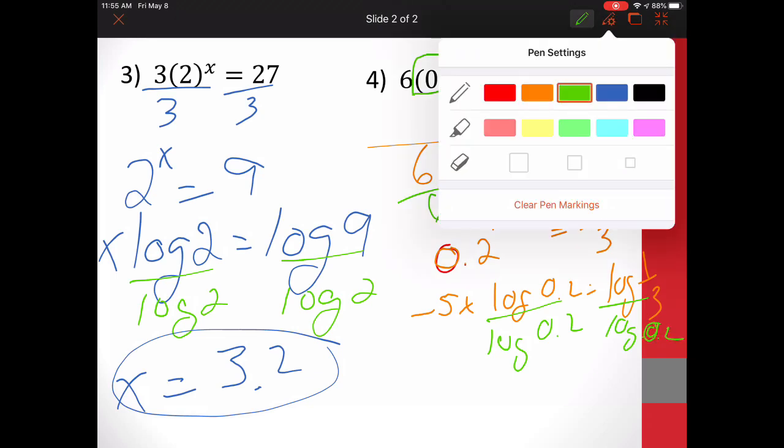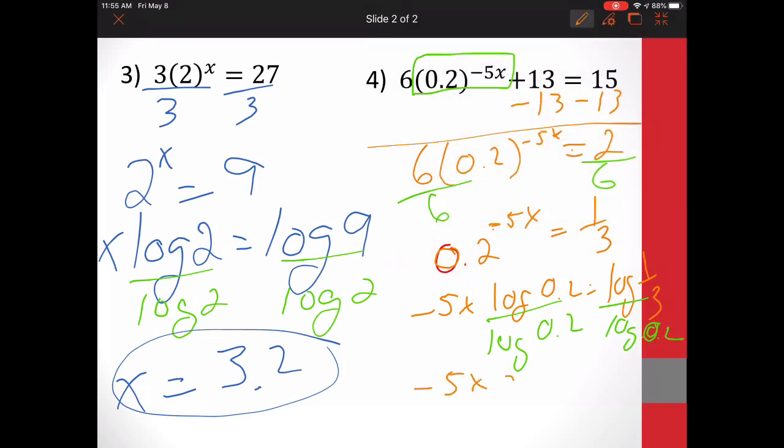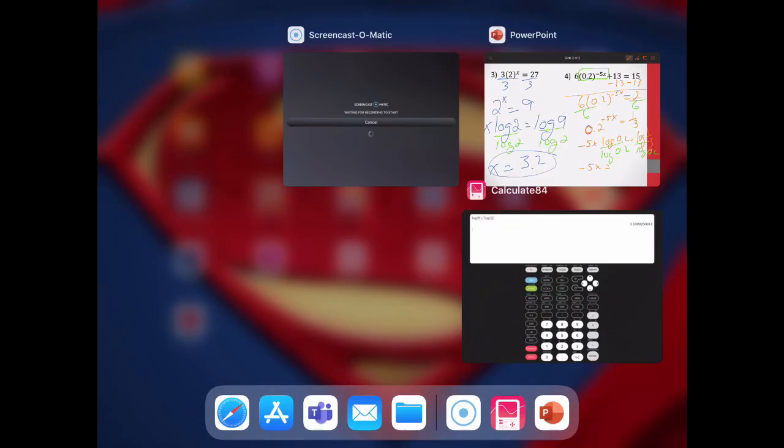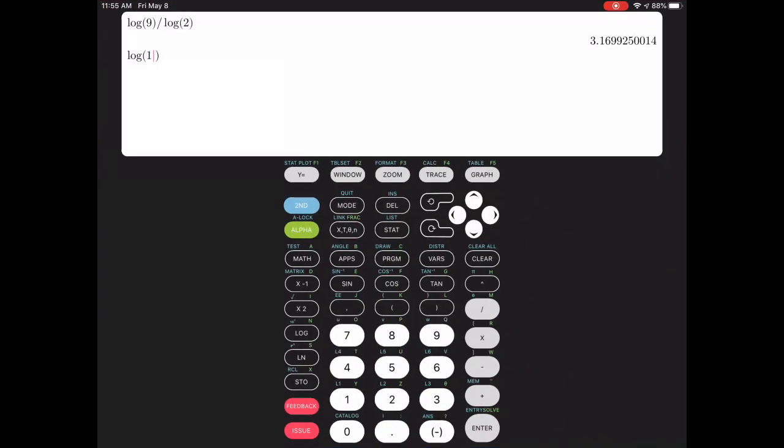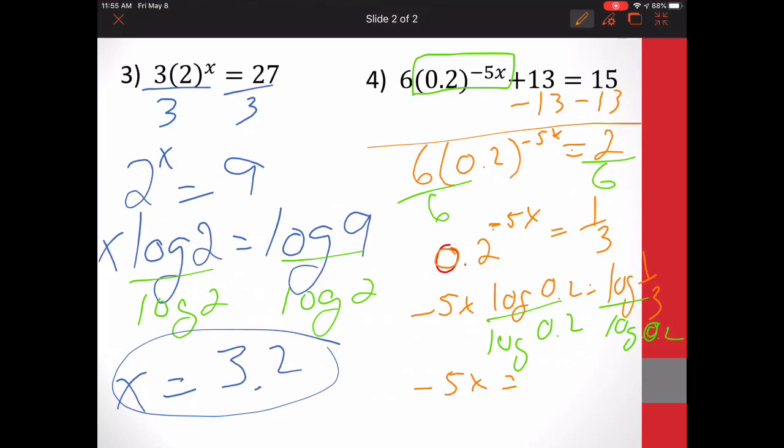Negative 5x equals log of 1 over 3 divided by the log of 0.2, and we get 0.68. And all you have to do is divide by negative 5.